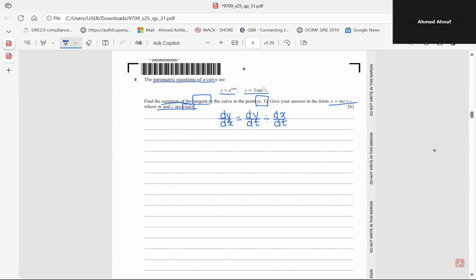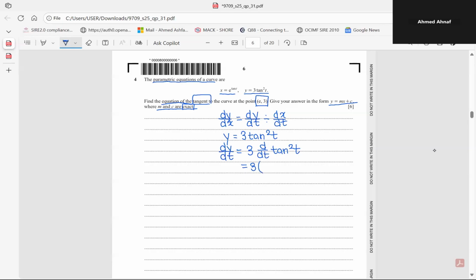So first, let's find dy/dt. So write down the equation of y in terms of t. And now we can find dy/dt. So let's take out the scalar, which is 3, and just differentiate tan squared t.